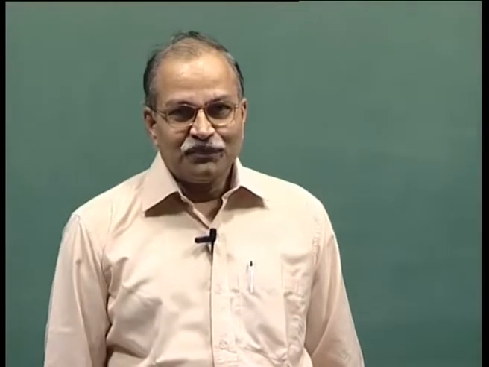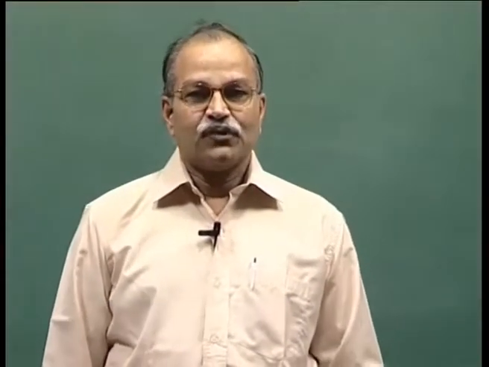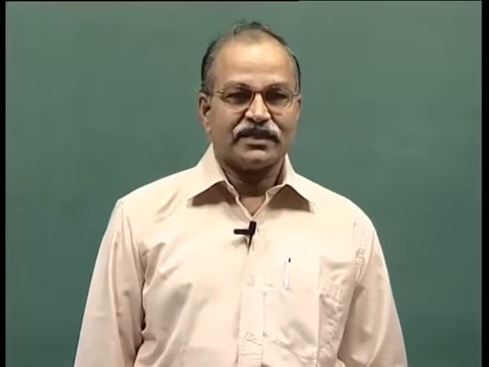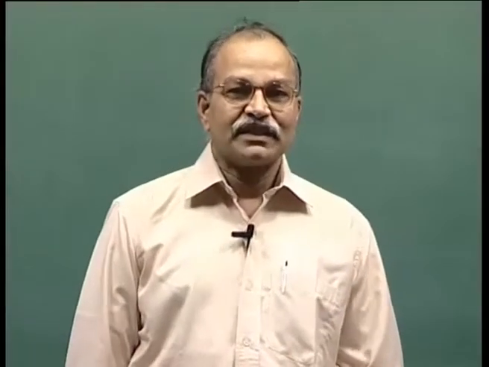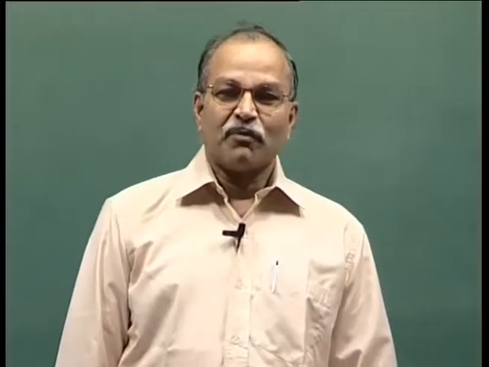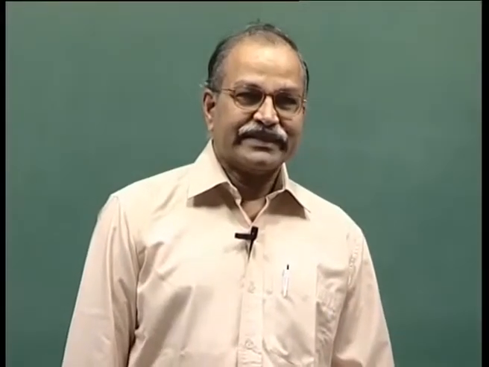I have given you the overview of nuclear physics and what we are supposed to do in this course. As I said, nuclear physics has just completed its 100 years. It all started with the Geiger-Marsden experiment, where alpha particles were bombarded on metal foils and the scattered alpha particles were detected.